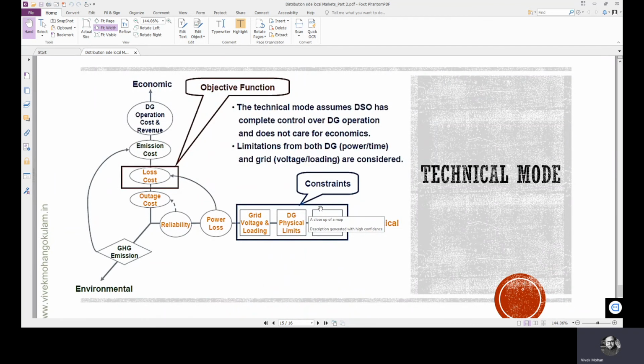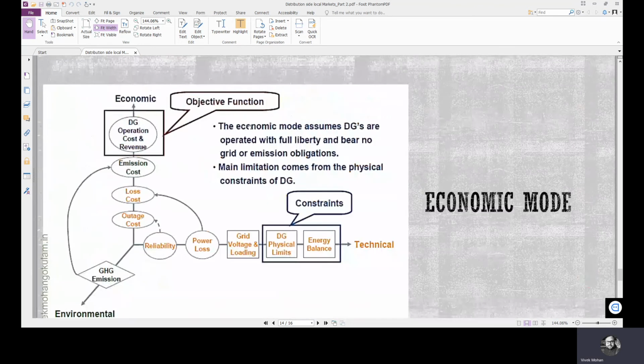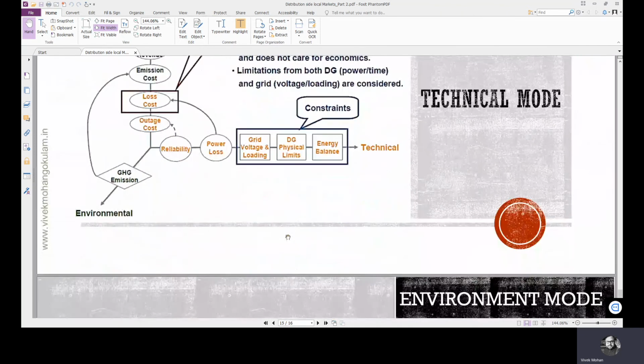Suppose 5% margin is allowed for voltage, then it can be from 0.95 to 1.05, right? But if you are emphasizing more on technical constraints, then you can make it 0.98 to 1.02. So that is what. So basically the stress is different. Here stress is given to economy, here stress is given to technical things.